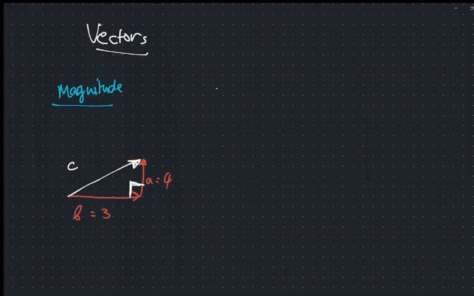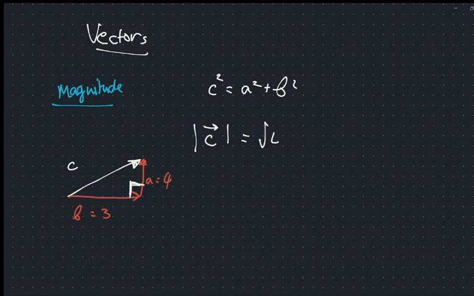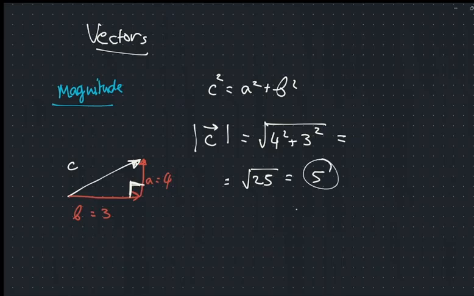The Pythagorean theorem, let me remind you, C squared is equal to A squared plus B squared, and to find C itself, the magnitude of C, the modulus of C, is going to be equal to the square root of A squared, so 4 squared, plus B squared, 3 squared, and this is easily the square root of 25, which is 5. So this is the magnitude of C. C is equal to 5.